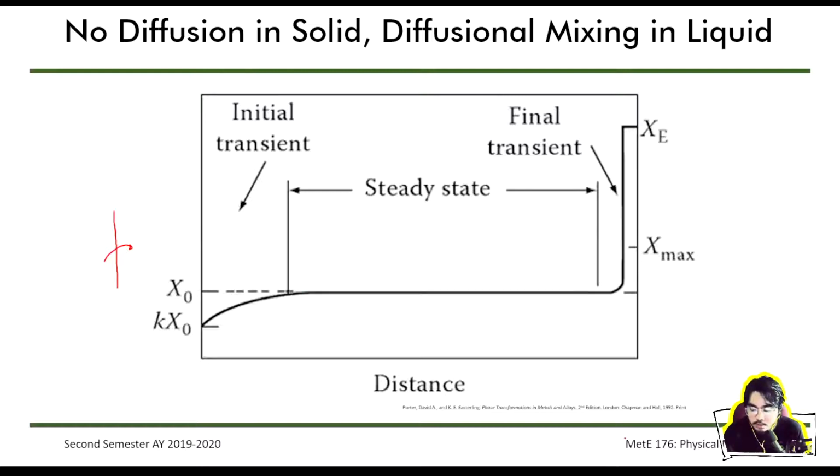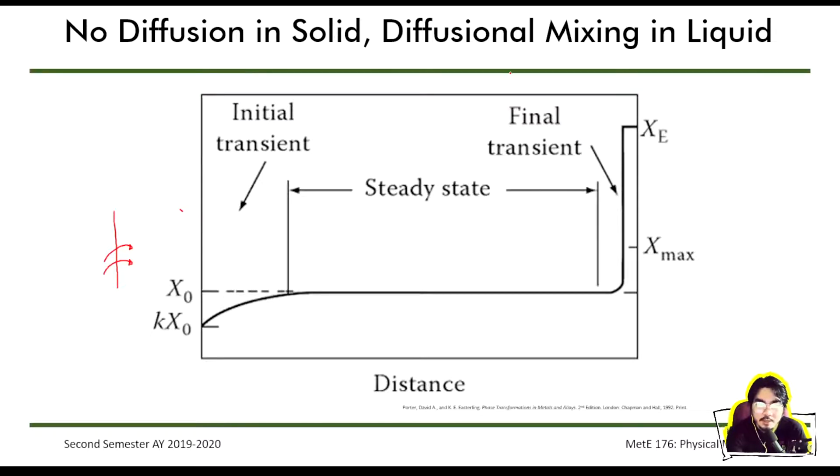Ito siya. So what happens in the steady state growth is that yung concentration profile in the liquid must be such that yung rate at which the solute diffuses down the concentration gradient away from the interface is balanced by the rate at which the solid is rejecting the solute. Okay? So at this steady state, nire-reject tayo ng solute.